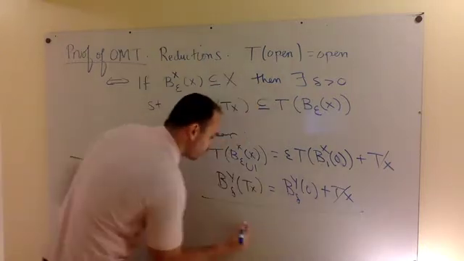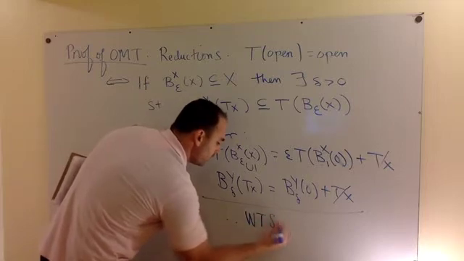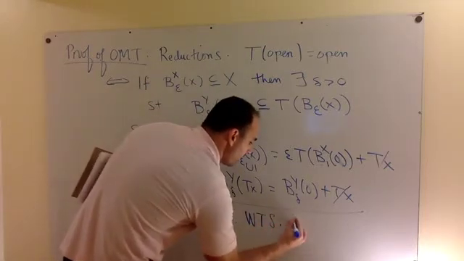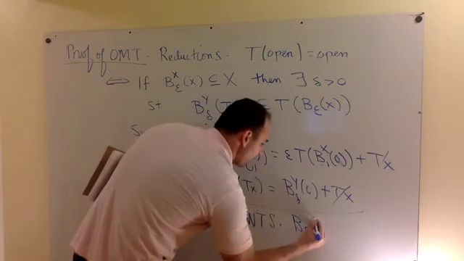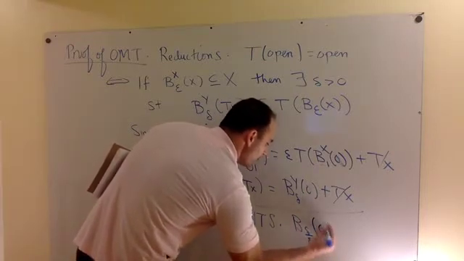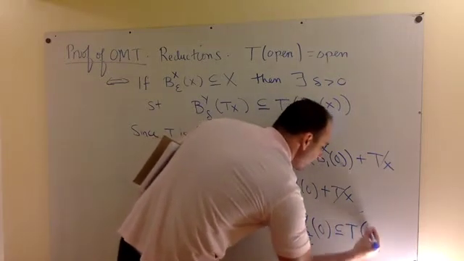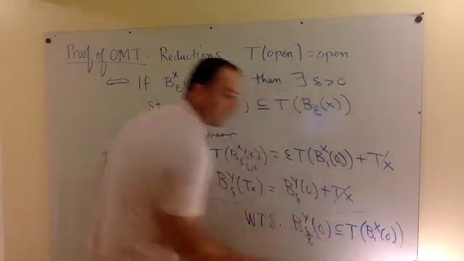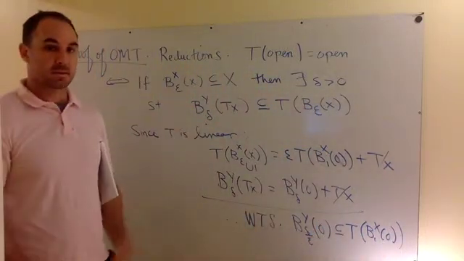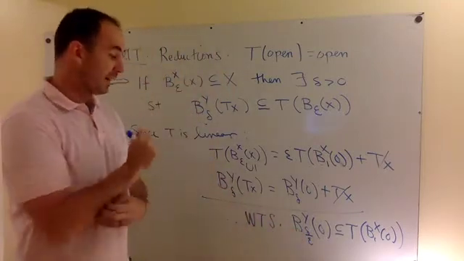The moral of the short story is I want to show that B of delta over epsilon in Y of 0 is contained in T of the unit ball. In other words, this delta over epsilon doesn't matter. It can be some positive number.